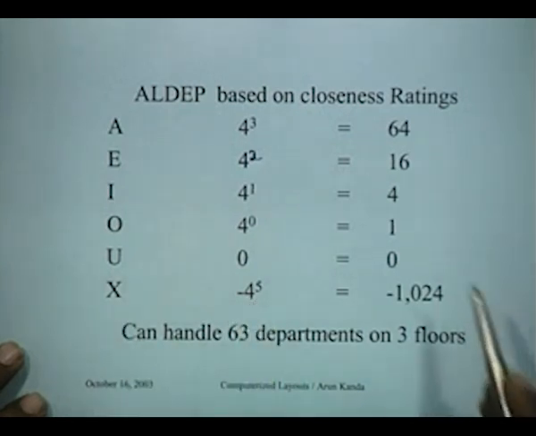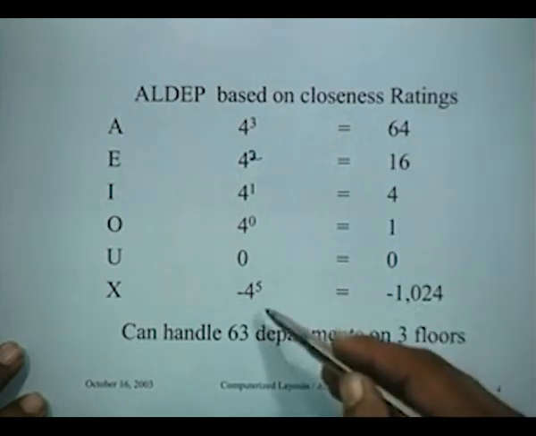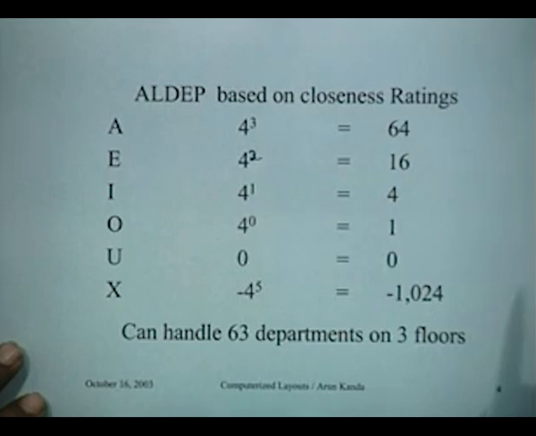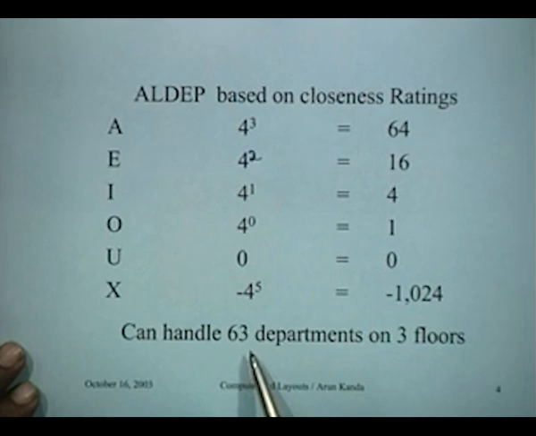So these are the numerical ratings that come. Essentially this is rated on a logarithmic scale. ALDEP has a capability of handling 63 departments on 3 floors when the package is operated.